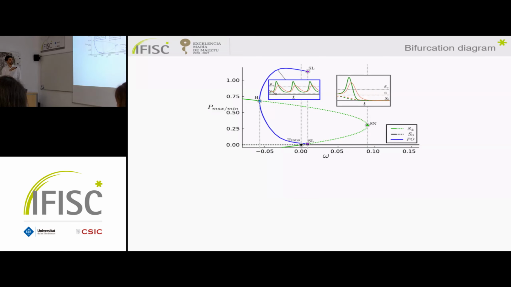So these stable cycles appear where the plants grow, then the toxin grows, and they start oscillating. This oscillation grows in amplitude with omega until eventually it is destroyed in a saddle loop bifurcation.